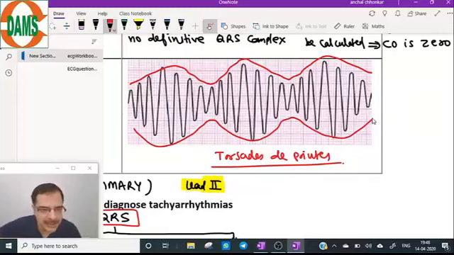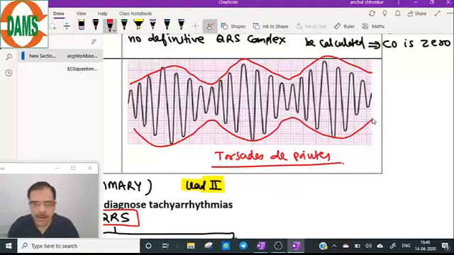Twisting, oscillation around a point, and the rate can be a tachycardia rate or a flutter rate. Remember, rate does not determine torsades de pointes. It is the pattern of the QRS which determines it. Why is it precipitated?